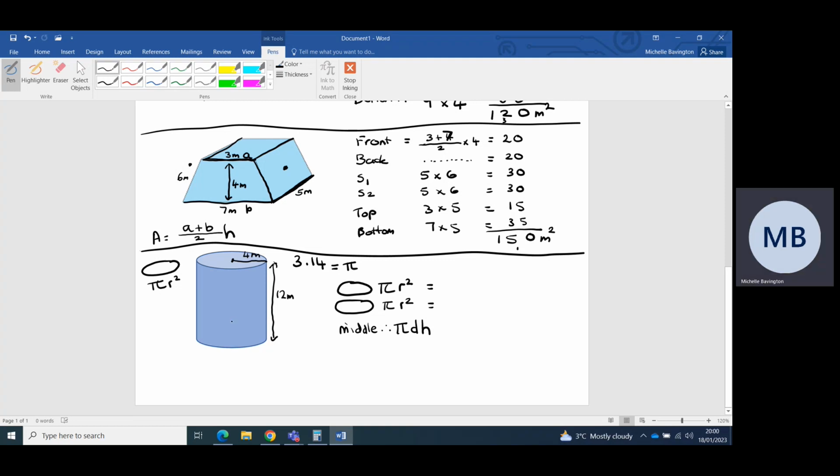Now, you could do it that way. It's absolutely fine. It's not a bad way to do it. You could label this A and the bottom one B, and then your middle could be C: A, B, C. Or you could go 2 pi r squared, because you've got 2 of them, plus pi diameter height.